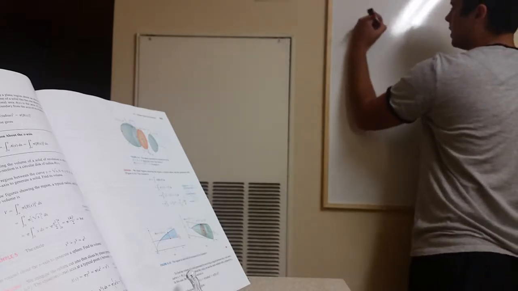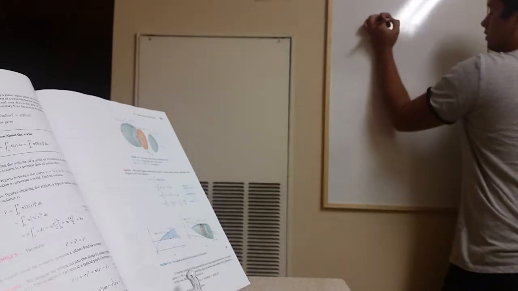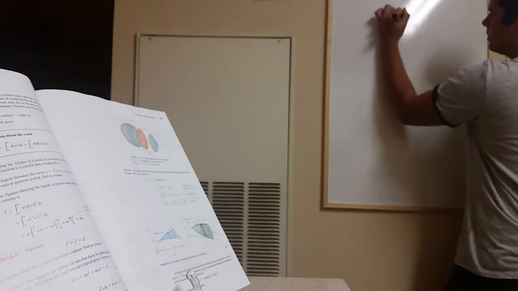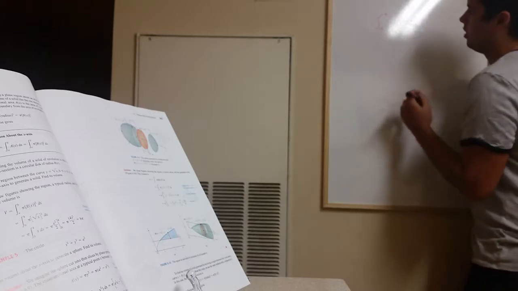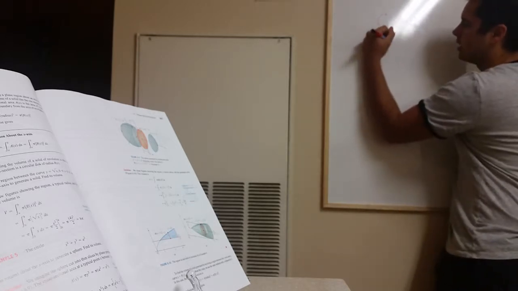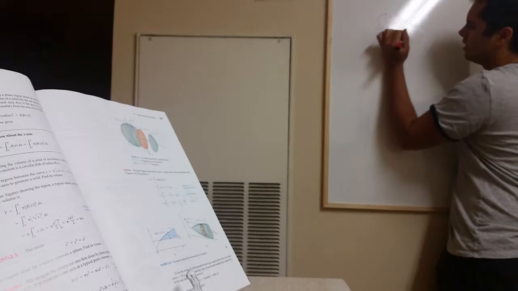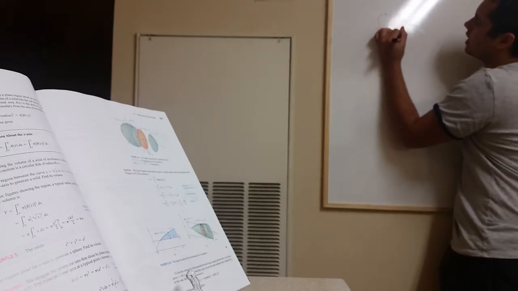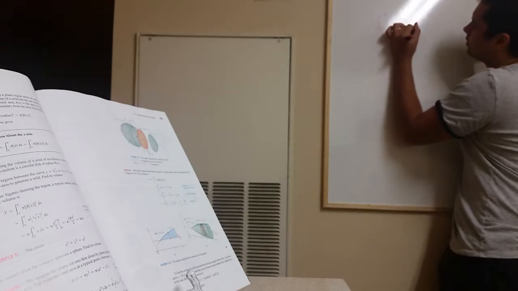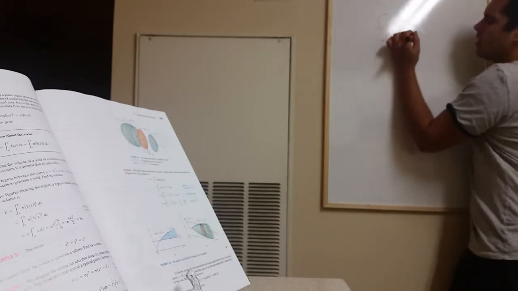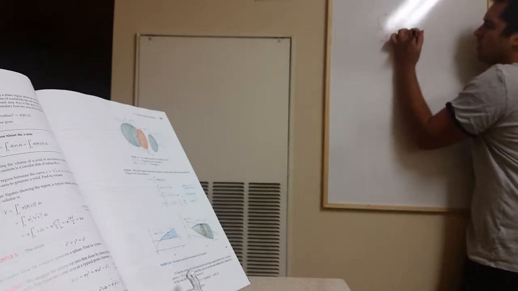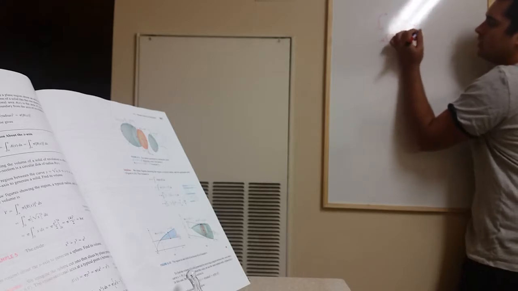Pi times a squared minus x squared. So the integral from negative a to a of pi times a squared plus x squared. I'm going to integrate that, pull the pi out here, negative a to a, and I'll have a squared plus one third x cubed.